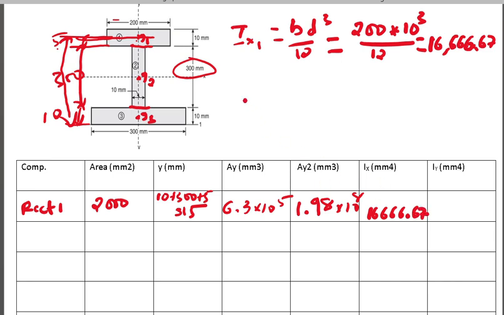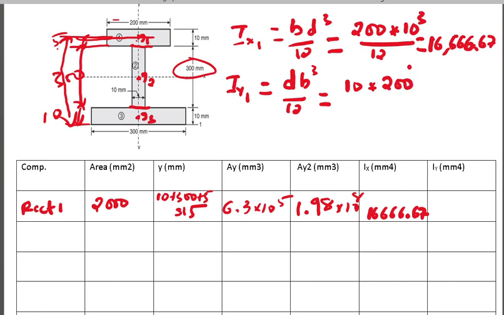Next, iy1. Iy1 is the moment of inertia about the centroidal y-axis of component 1. How to calculate this? The formula is d b cube divided by 12. The depth of component 1 is 10, and its width is 200.